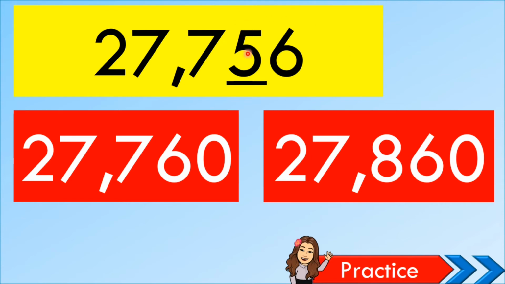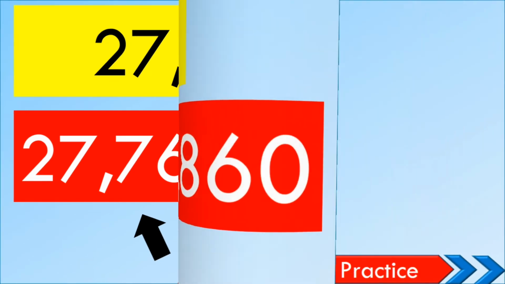So by just taking a look at the digit next to 5, that is 6. 6 is greater than 5, so you have to add 1 to 5, it will become 6. Then you have to change the remaining numbers to 0. So obviously the answer would be 27,760. You got the correct answer.